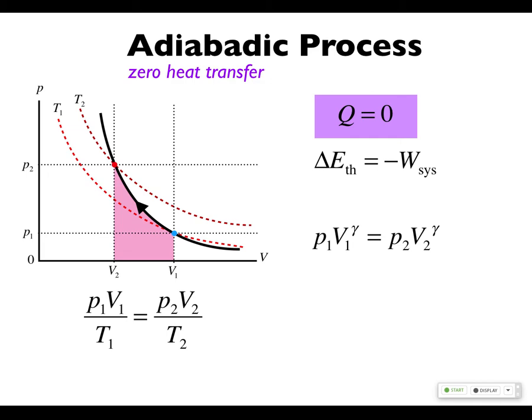Will that be given to us? You need to know those three, and it'll tell you if it's a monatomic, diatomic, or polyatomic gas. For instance, if it says that it's helium, what kind of gas is that? Monatomic. If it says that it's nitrogen, what kind of gas is that? Diatomic.